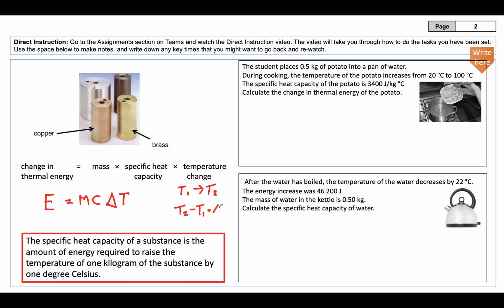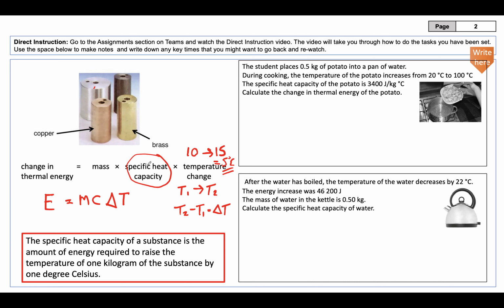This delta symbol, this triangle, just means change in. So for example, if I start off at 10 and I go up to 15 degrees Celsius, my change in temperature is 15 minus 10, which is 5 degrees C.